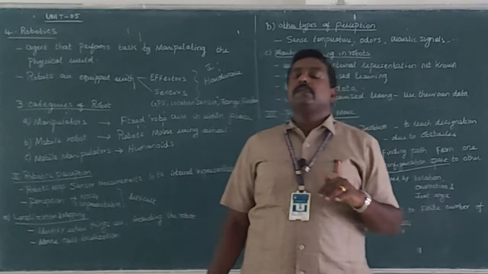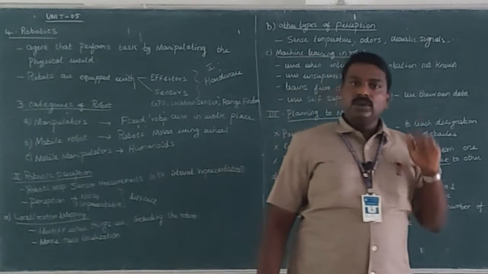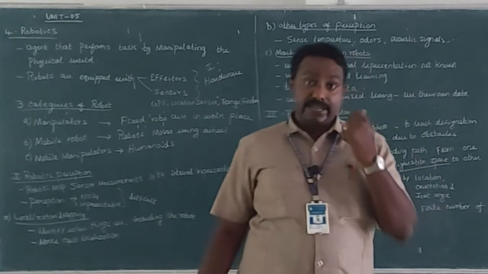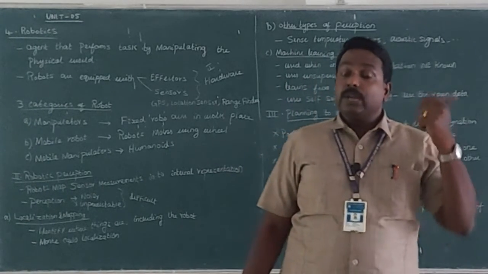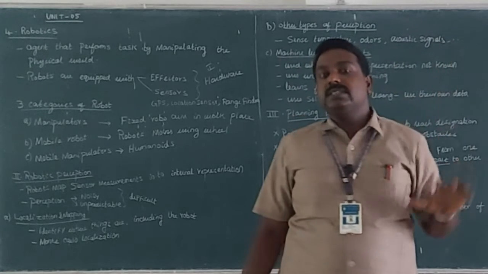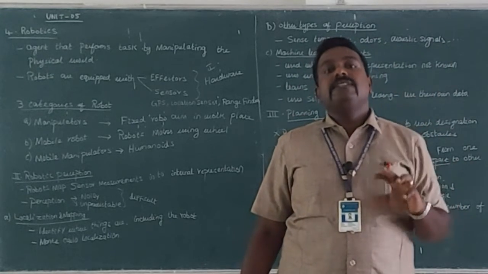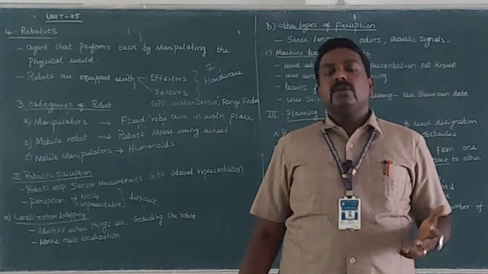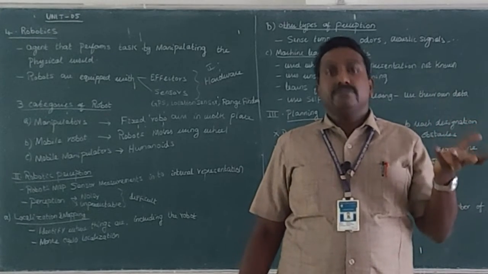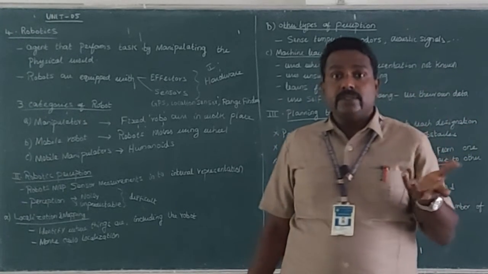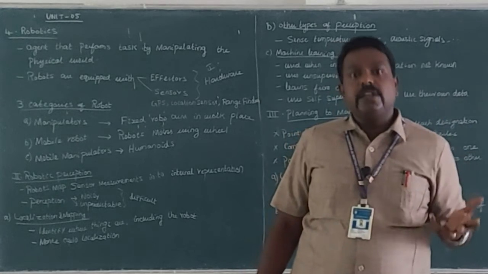So here also some problem arises, because robots normally use sensors, right? Even the cameras, with the help of cameras, it senses the objects in the environment. So what happens if the camera is dirty? It cannot capture the things from the environment, right? So the image will be very noisy.